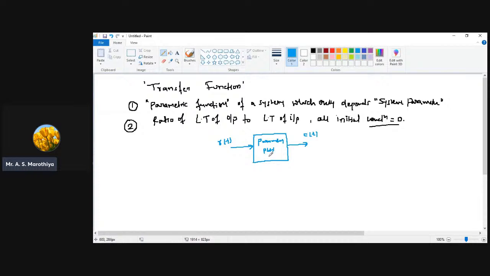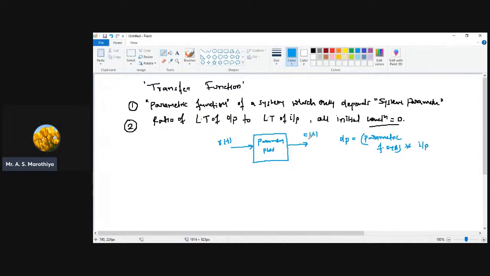So p of t indicates the parametric function of the system, r of t is nothing but the input to the system, and c of t is nothing but the output generated by the system. Now suppose we are interested to find the relationship between output, input and this parametric function. Mathematically I can write that output is nothing but the parametric function of the system times the input.